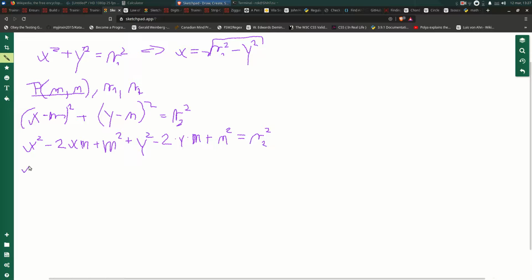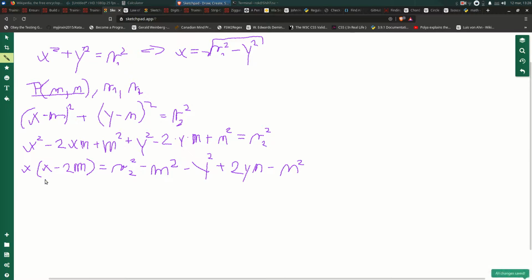Alright, so over here we have x² minus 2xm equals r2² minus m² minus y² plus 2yn minus n².